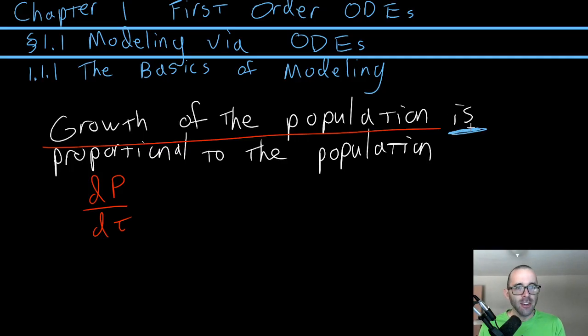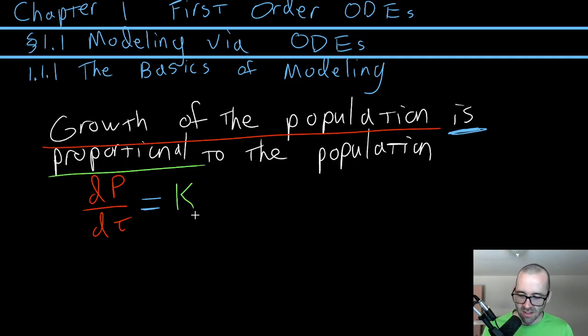And then again, go back to algebra. What does is mean? Is means equal. And then again, think back to proportionality. If something is proportional, that means there's some constant times the value itself. And finally, what is the population?